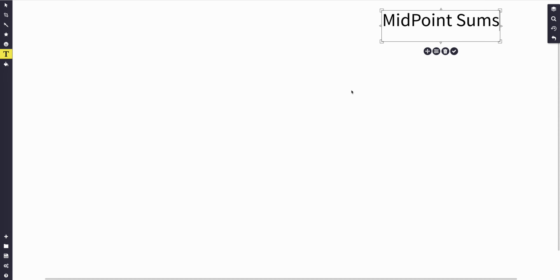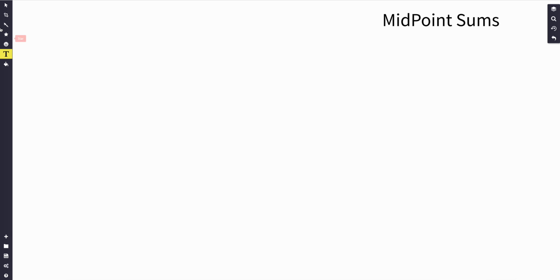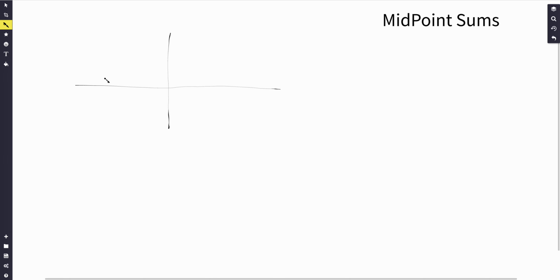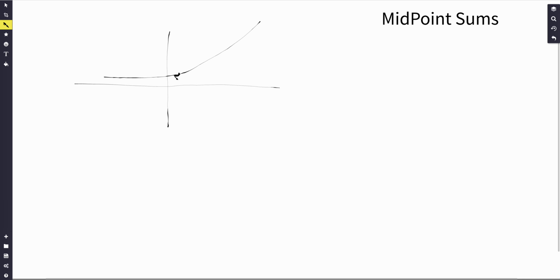Midpoint sums, as their name sounds, just use the Riemann sum that we know, but use the midpoint of each interval to create the rectangles rather than the left side or right side. So in this case, we have a midpoint right here, and then we go right there and draw the rectangle like that.